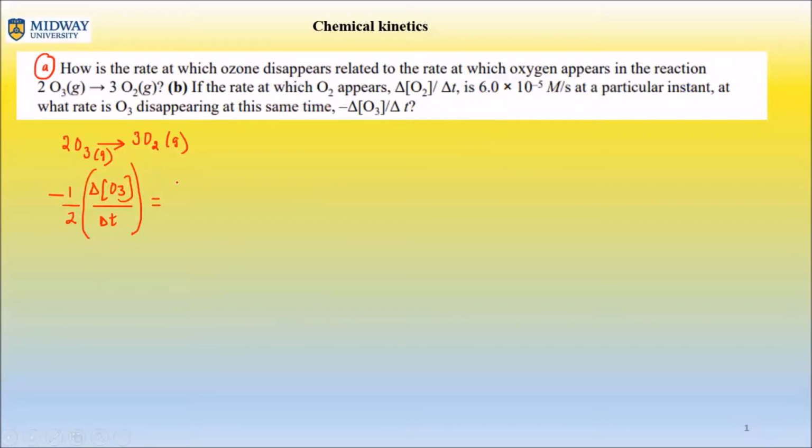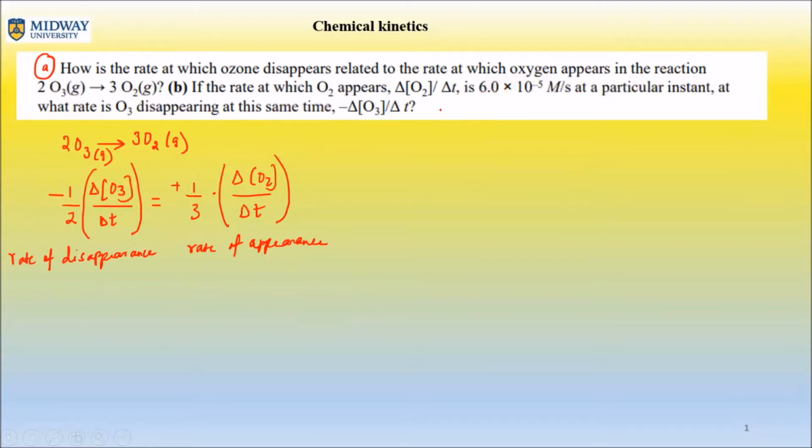And this is product, so it's plus 1 over 3, within bracket you write delta O2 over delta T. That's what you mean by this is rate of disappearance, right? Because that's reactants. And this is rate of appearance. Okay.